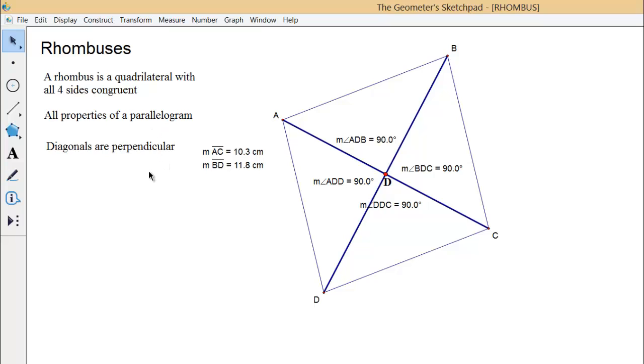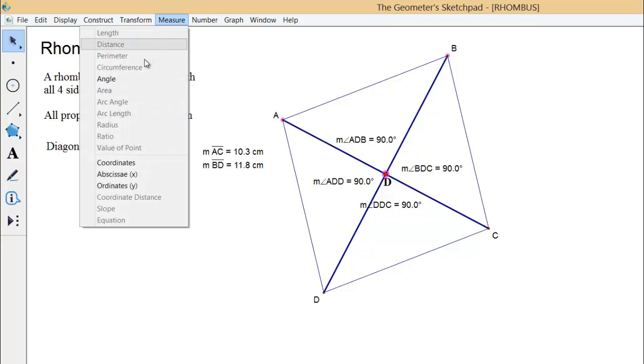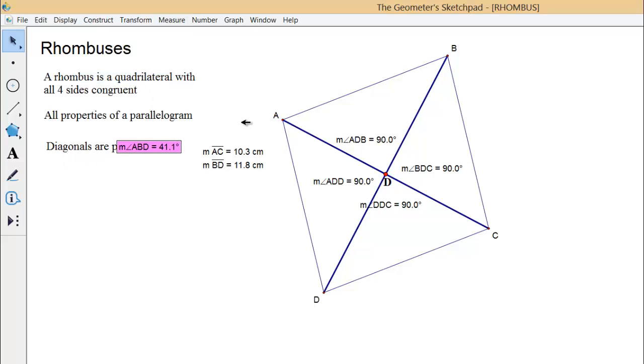And let's look at this angle up here, angle A, B, D. And angle C, B, D. So these two angles, these little ones, are equal to each other.